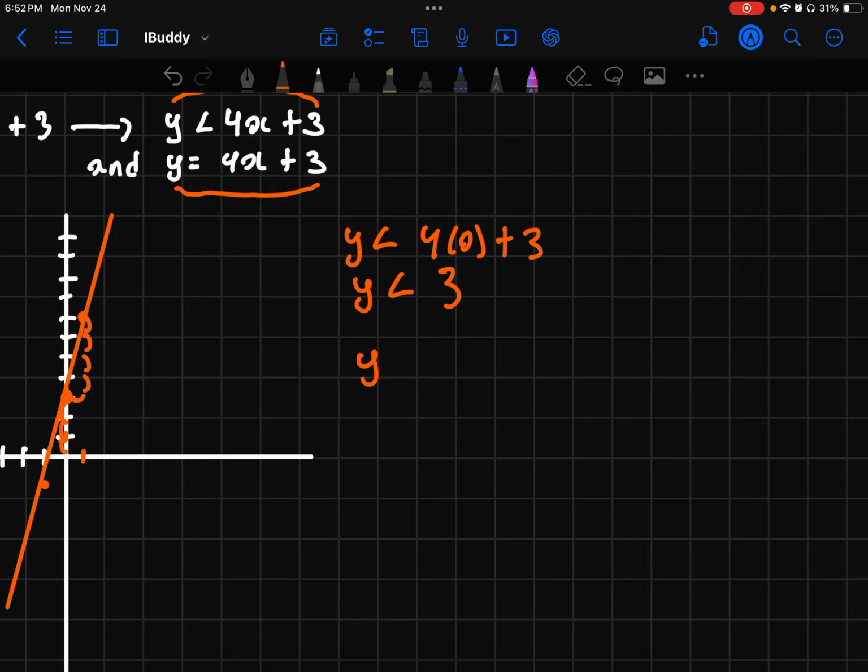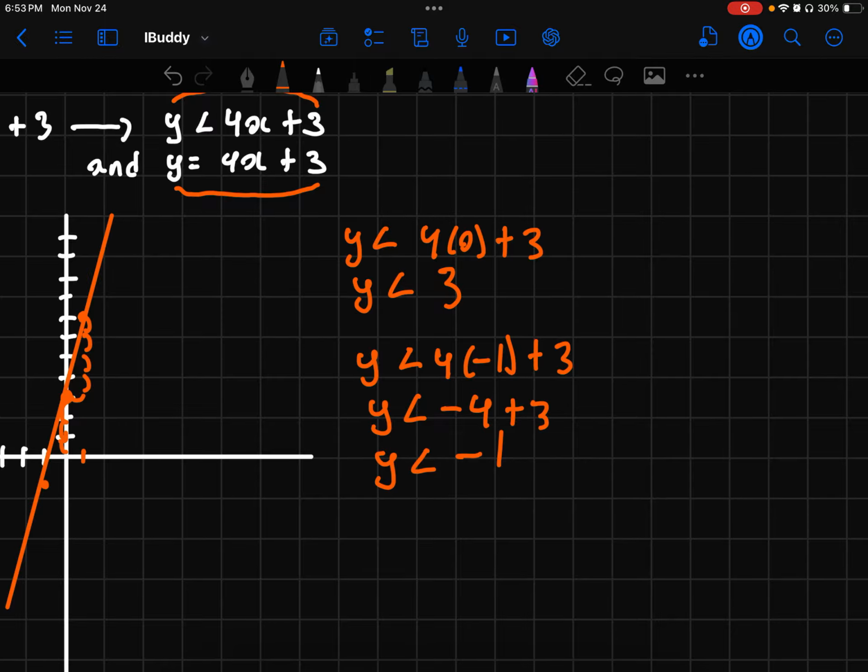Let's say x is equal to -1. So y will be less than 4 times -1 plus 3. Y is less than negative 4 plus 3. Y is less than -1.